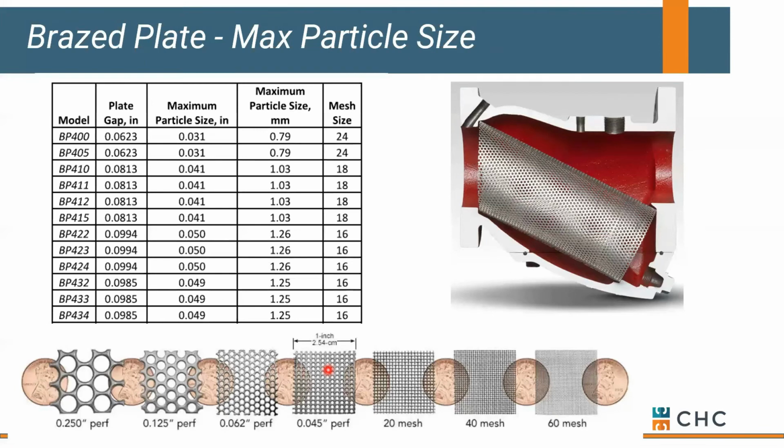Same thing with braze plates. They're going to give you a mesh size or a max particle size, and it's just a matter of ordering a proper screen to protect it. A lot of guys rely on a suction diffuser or a standard Y strainer, and those might come with some pretty good sized perforations. And unfortunately, that's not protecting your heat exchanger.